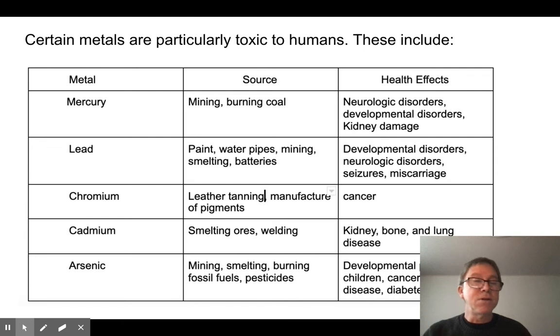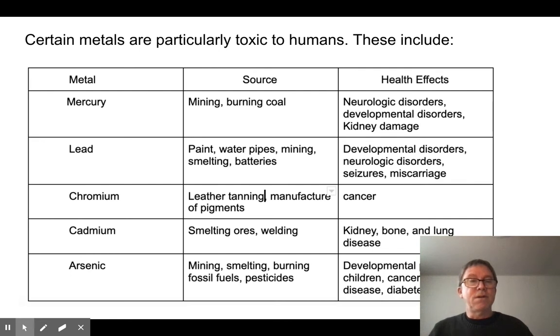Lead, obviously, we all know that lead is terrible. There's no level of lead exposure that's okay. Where does it come from? From smelting, which means taking ore rock and getting the metals out of it. Batteries, mining, paint, pipes. Again, this causes neurologic disorders, developmental disorders, miscarriage. Chromium, especially hexavalent chromium, the one that is a +6 ion, is really bad. This comes from leather tanning and manufacturing of pigments.